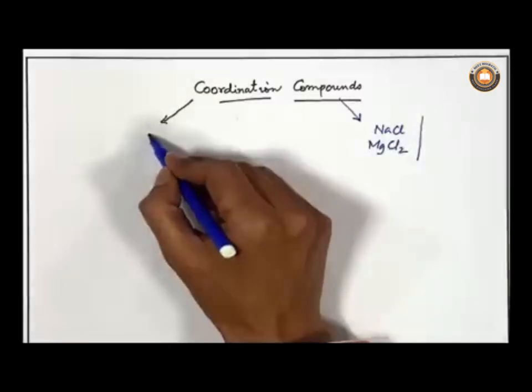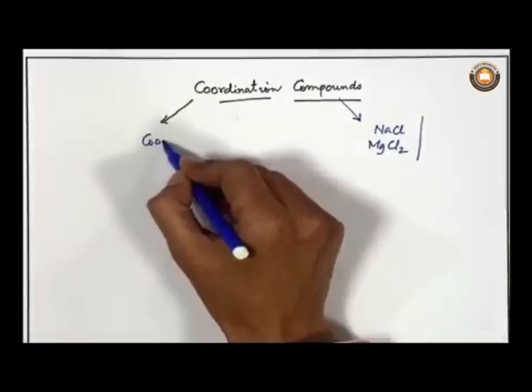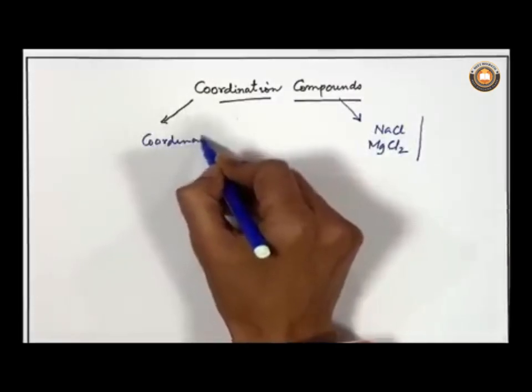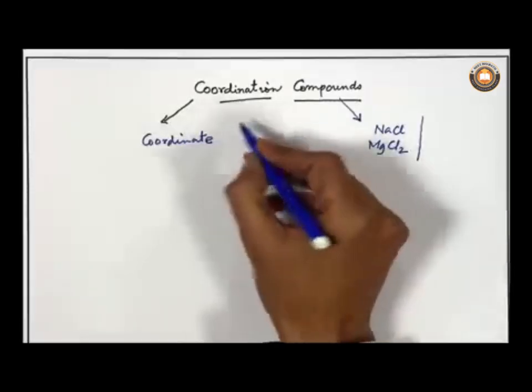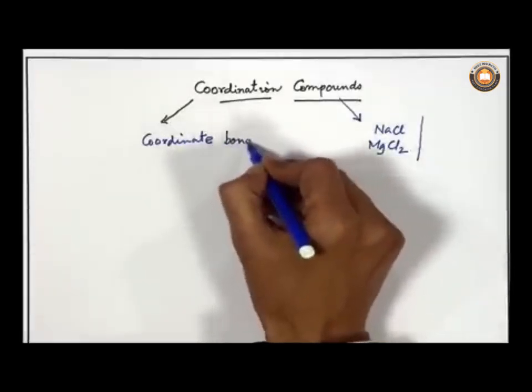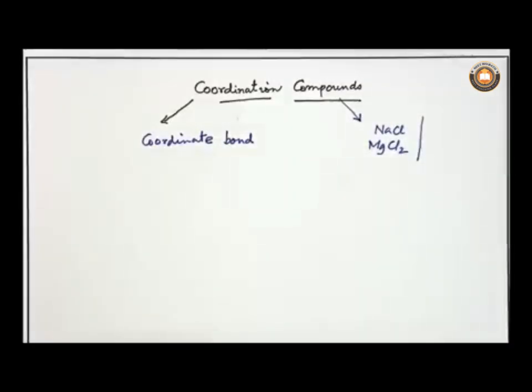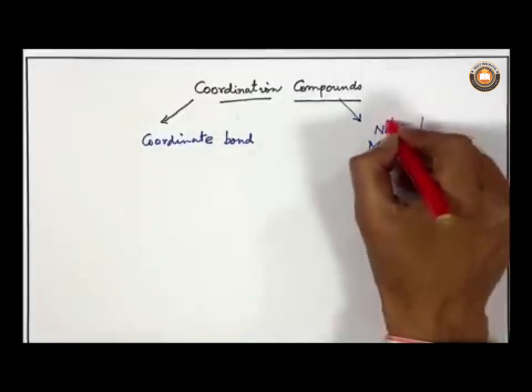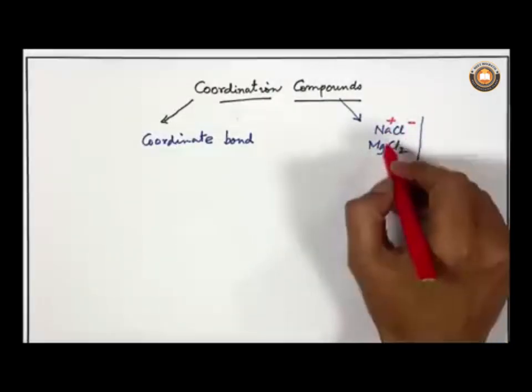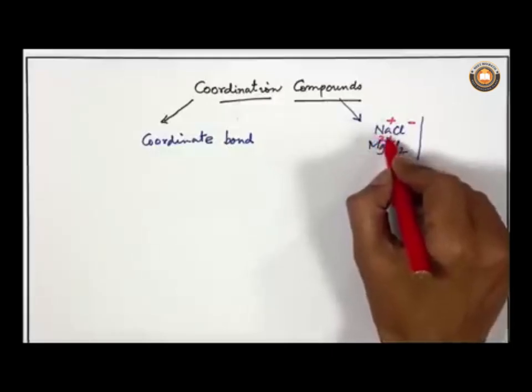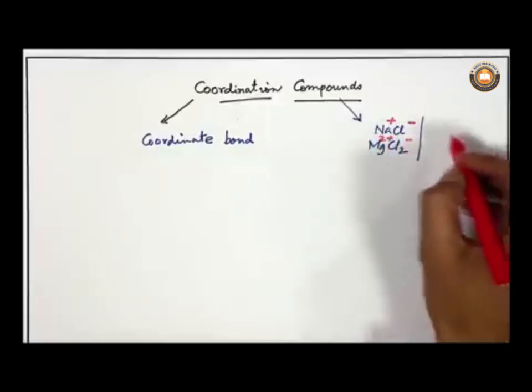In coordination compounds we will have a typical coordinate bond. In the ionic class of compounds, we see ions: Na plus, Cl minus, and magnesium 2 plus with 2 Cl minus.